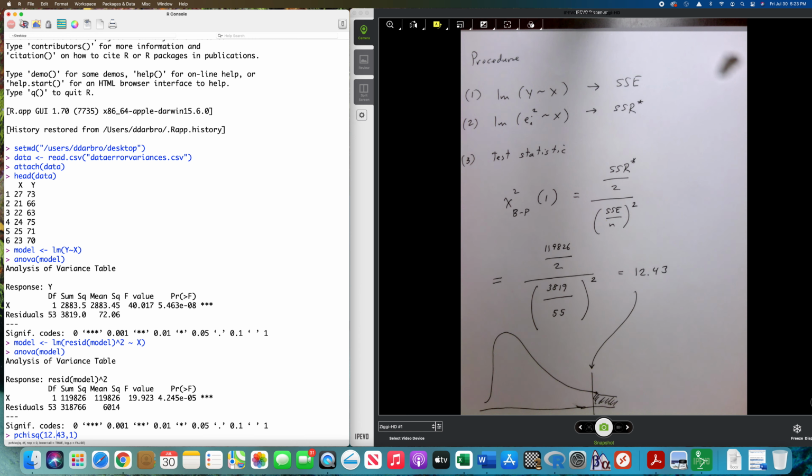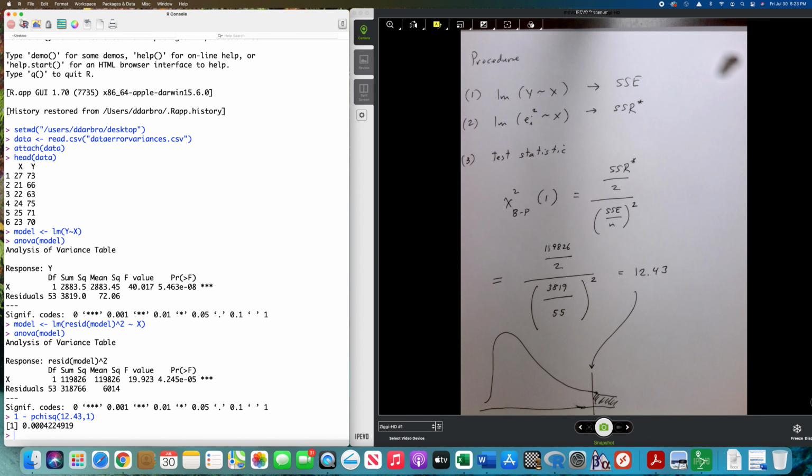Actually, that's going to give me the area below, so I need to take that away from 1. And I get 0.0004.